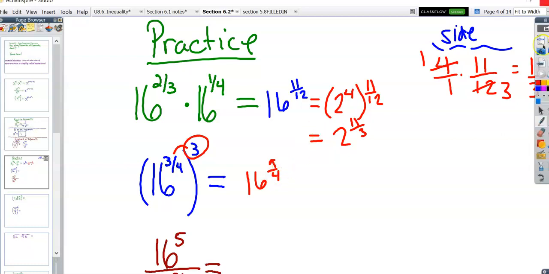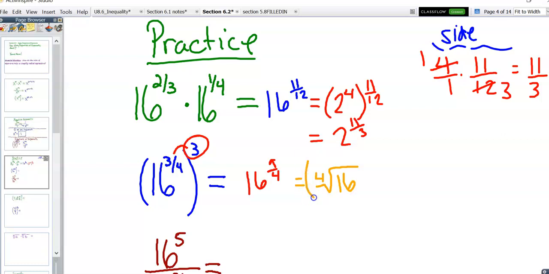And you can even simplify this one a little bit further because we could rewrite this as the 4th root of 16 to the 9th power.